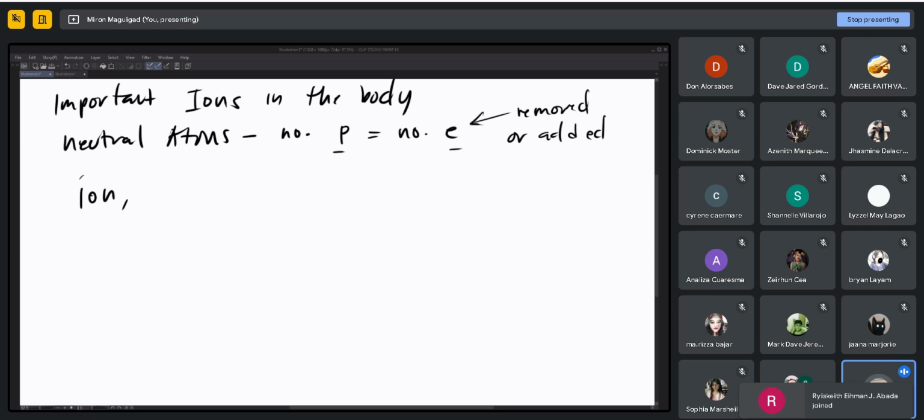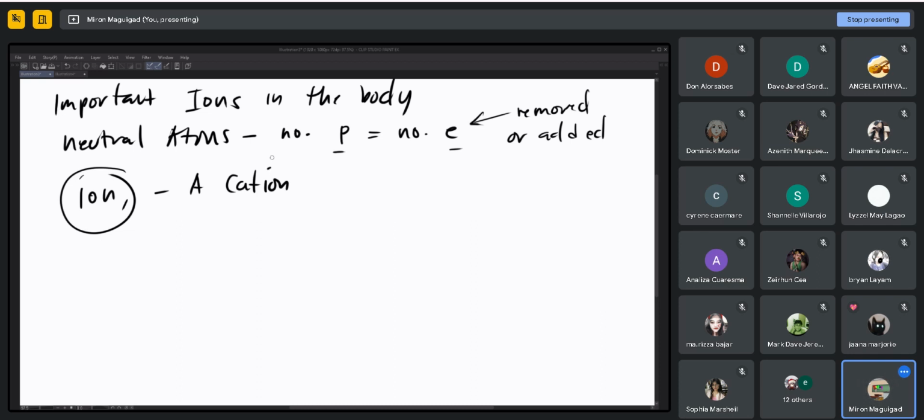So, this is formed if the electrons are removed or added. There is what we call a cation, a type of ion, okay, with a positive charge.